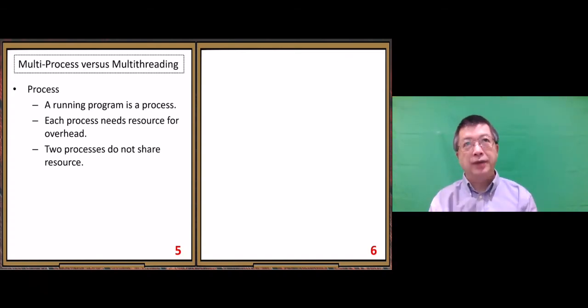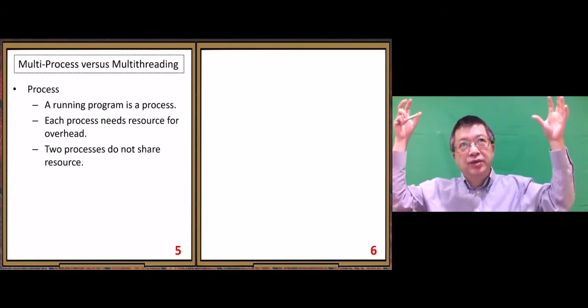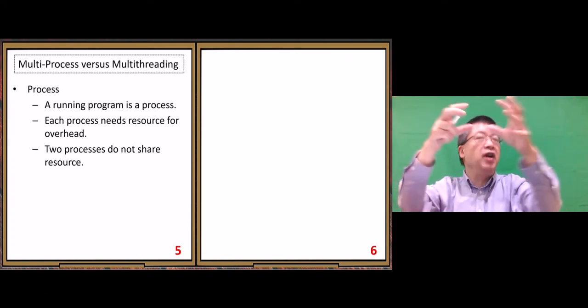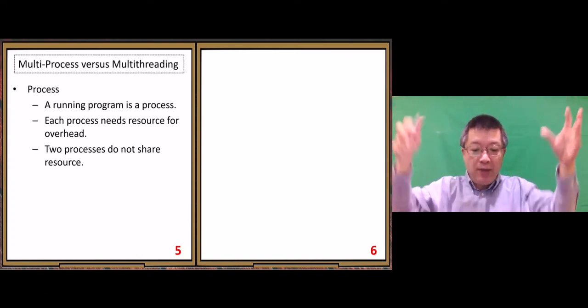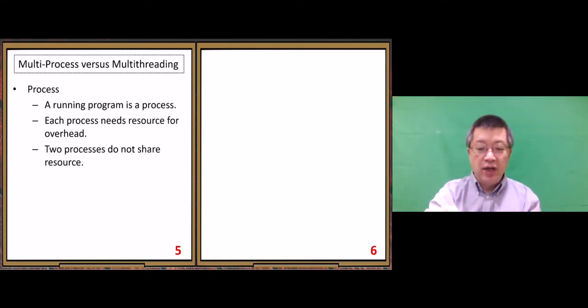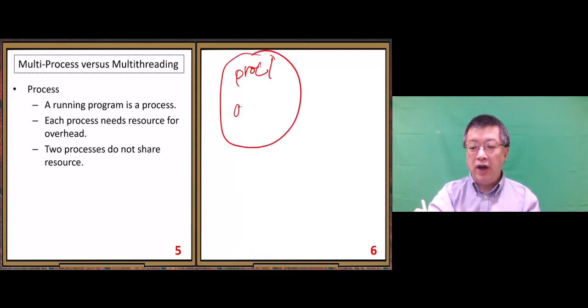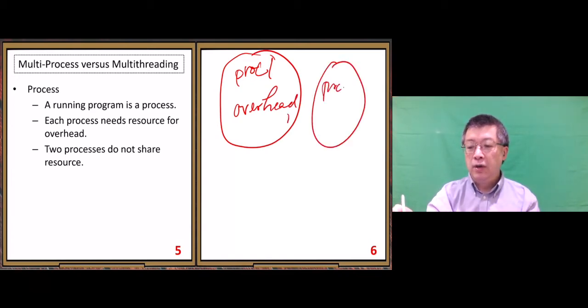But those two different processes cannot share any resource. So if you have two processes, process one has its own overhead part, and process two has its own overhead part.